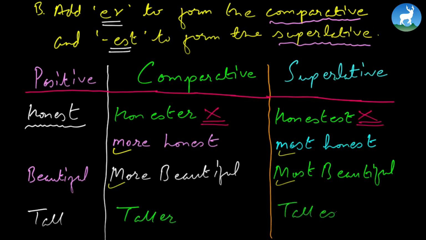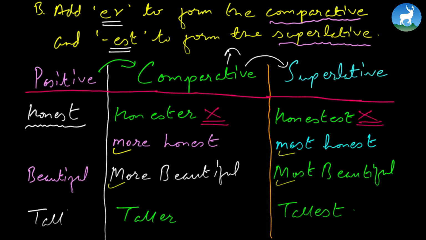So why are we adding this er and est? For example, let's say in grade 5, Ram is a tall boy, but Sita is taller. The intensity rises every time it goes from positive to comparative, and again when it moves from comparative to superlative, it goes higher.